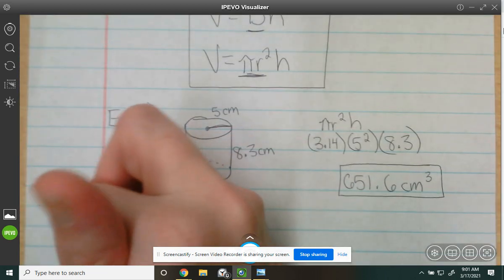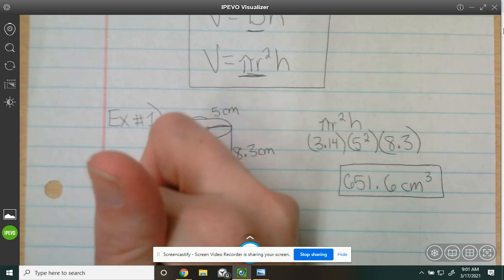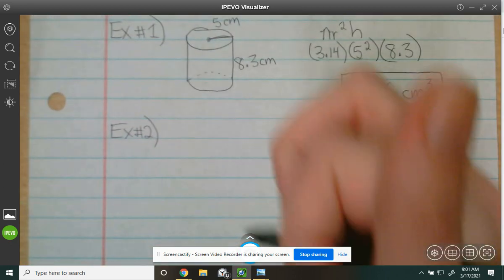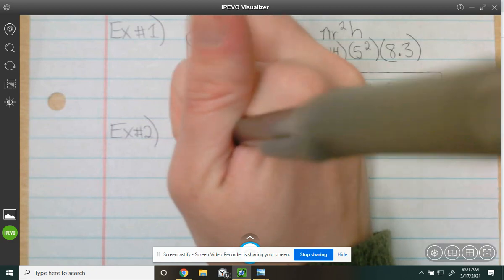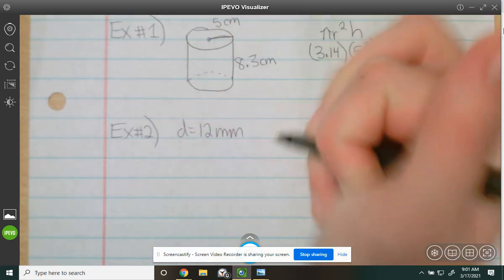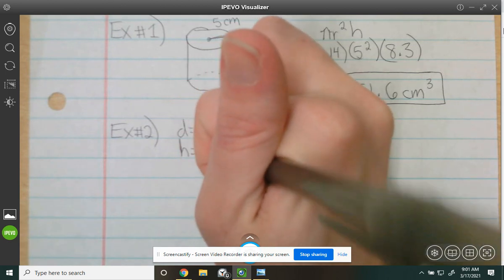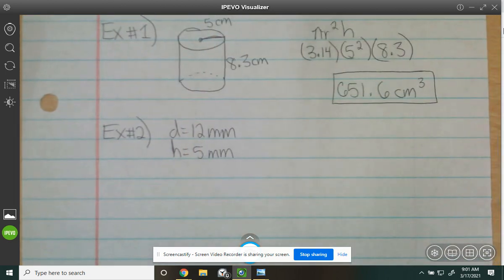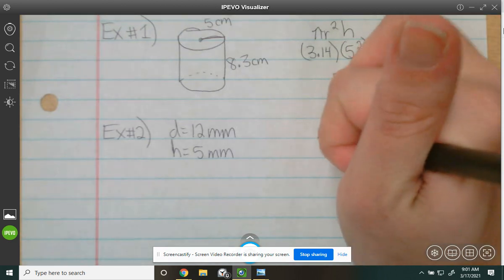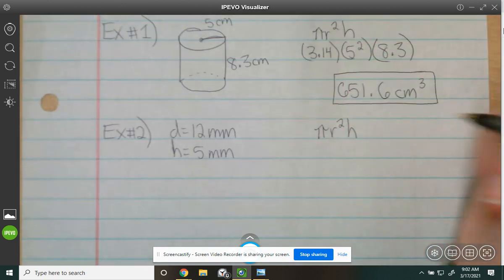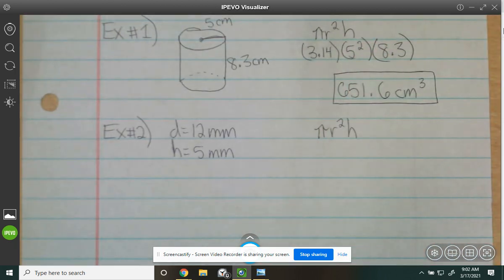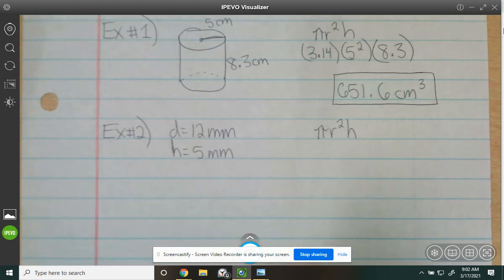All right, let's do another one. This one we won't draw a picture. I'll just tell you that the diameter is 12 millimeters and the height is 5 millimeters. So whenever I go to do my equation, I have to remember that this is not my radius. This goes all the way across.